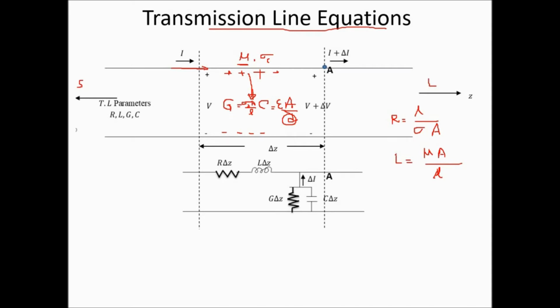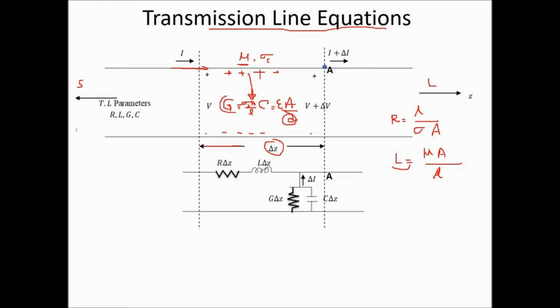So here we have R and L. R and L are measured per unit length. Let's say we are taking a segment of this wire that has length delta Z. So R will be R times delta Z, and L will be L times delta Z. That is the total R and L. R and L are distributed throughout this conductor, but we are taking a lumped value here.